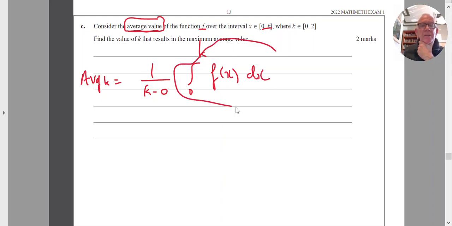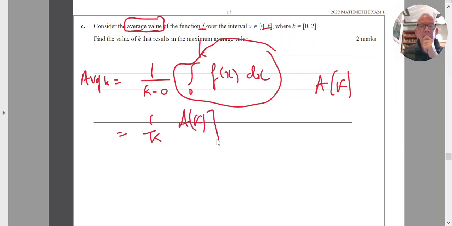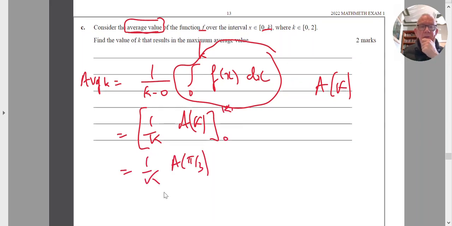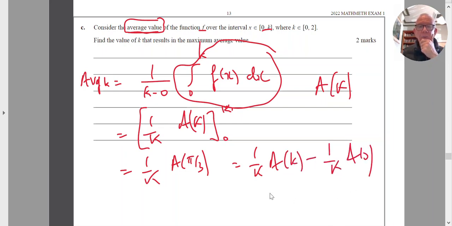Now this is the area under f of x from 0 to k, which equals A of k. So it's going to be 1 on k, A of k, from 0. So it's going to be 1 on k, A of k, minus 1 on k, A of 0.